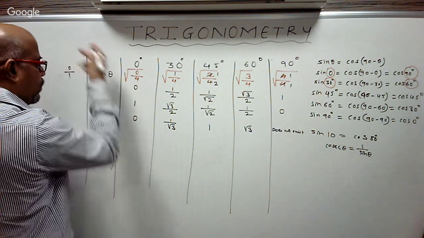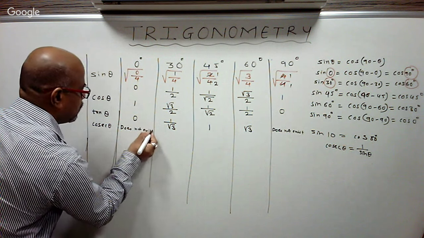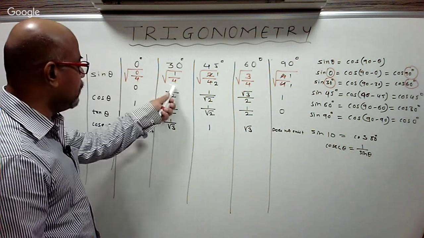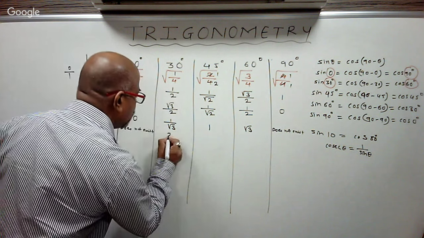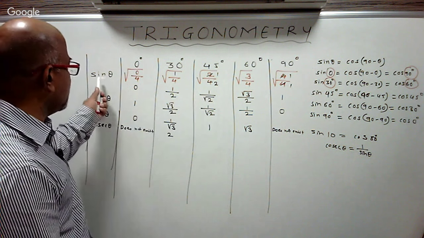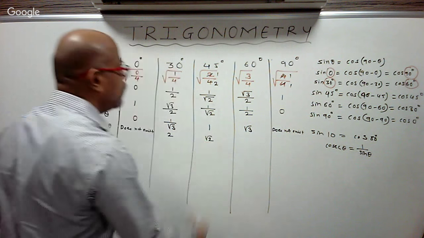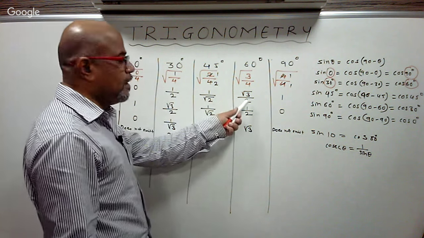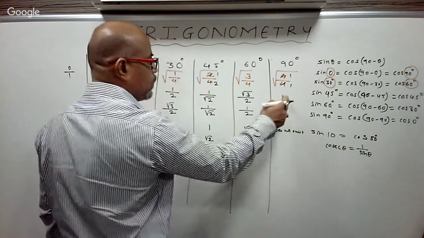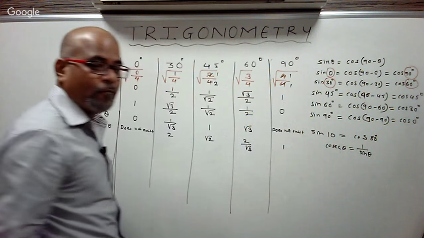Therefore cosec 0 is 1 upon 0, here I write does not exist. Then cosec 30 degrees, reciprocal of sin 30, 1 by 2. The reciprocal of 1 by 2 is 2 by 1, that is 2. Then cosec 45 degrees, reciprocal of sin 45, 1 by root 2. The reciprocal of 1 by root 2 is root 2. Cosec 60 degrees, reciprocal of sin 60, 2 by root 3. And last one, cosec 90 is the reciprocal of sin 90. The reciprocal of 1 is 1.